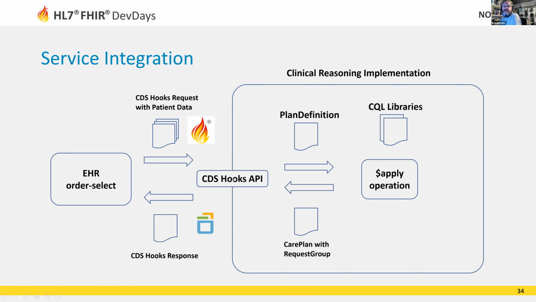So CDS Hooks doesn't care how that actually gets implemented, and clinical reasoning provides a way to formally describe what happens without specifying how you actually make that call. You can use clinical reasoning with other evaluation APIs, and you can use other implementation formats and frameworks, obviously, behind CDS Hooks.